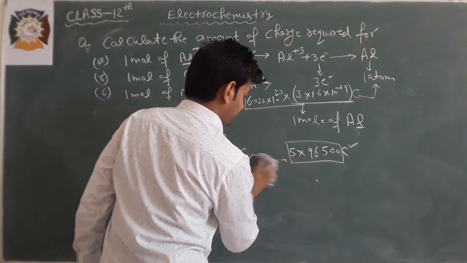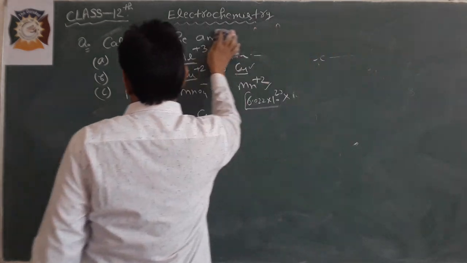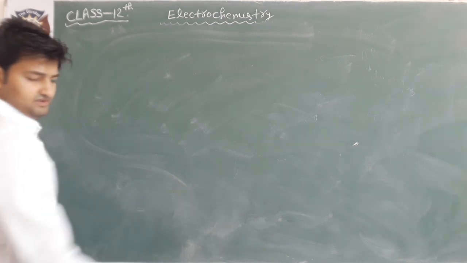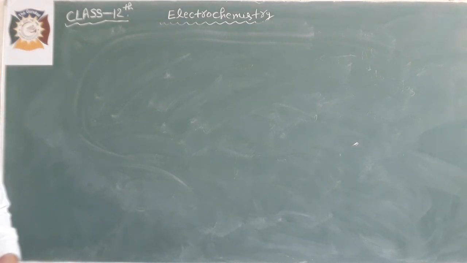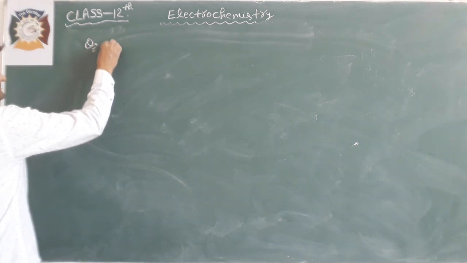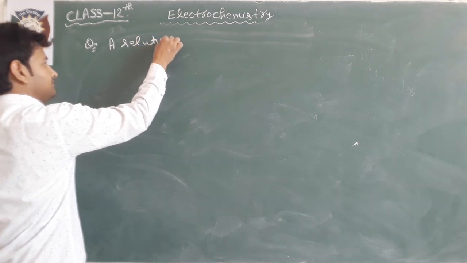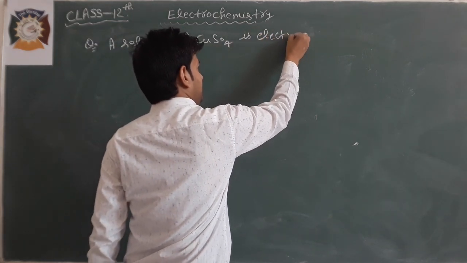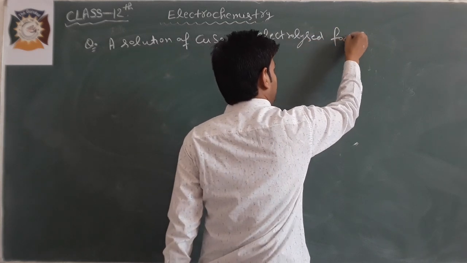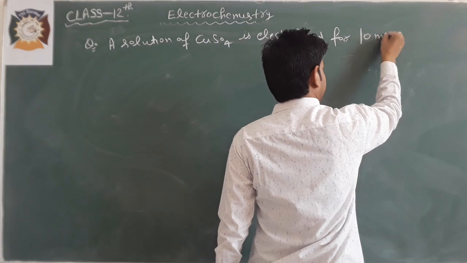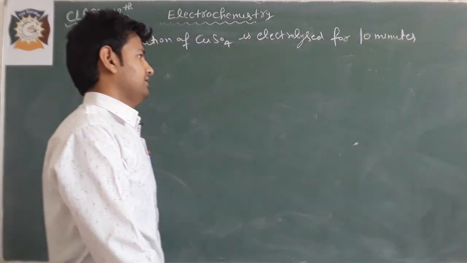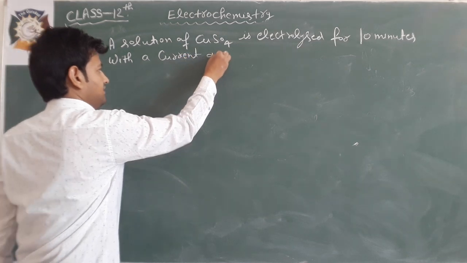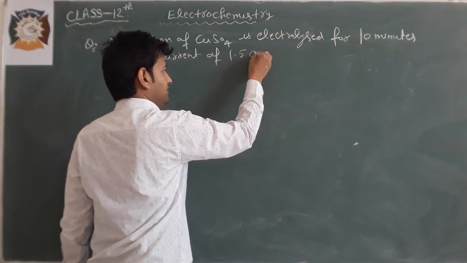These are the important questions. Now the next question based on Faraday's law of electrolysis: a solution of copper sulfate is electrolyzed for 10 minutes with a current of 1.5 ampere.